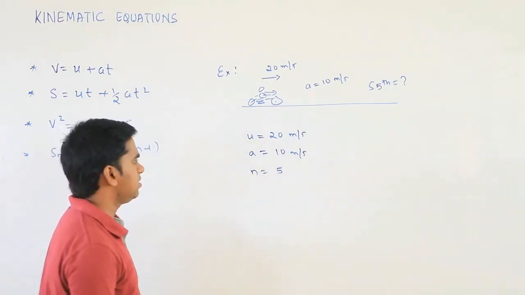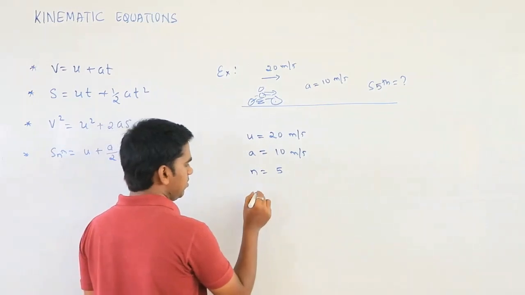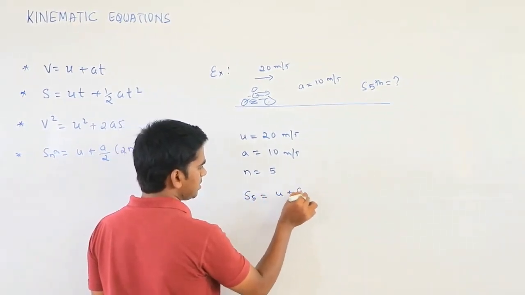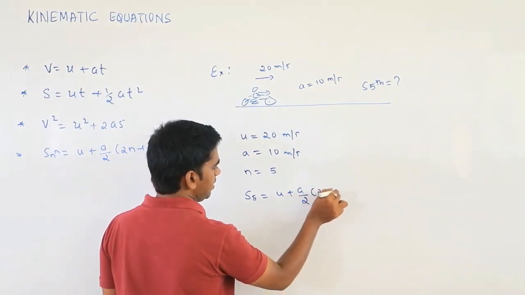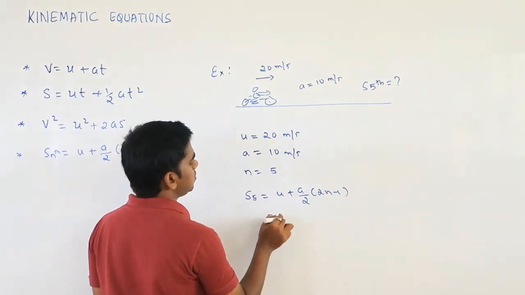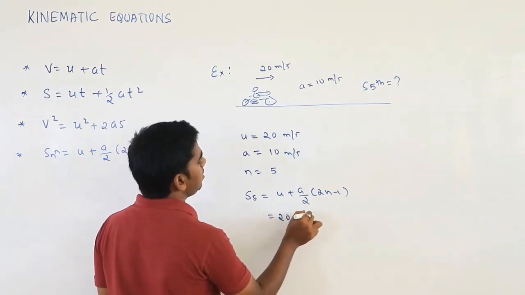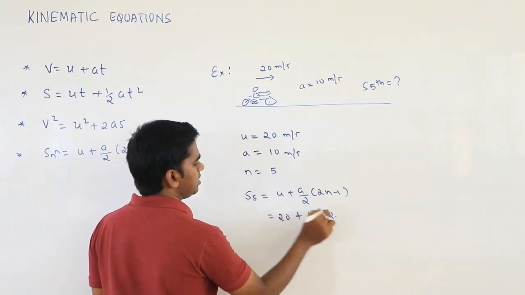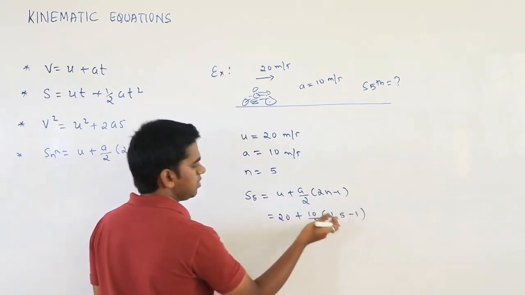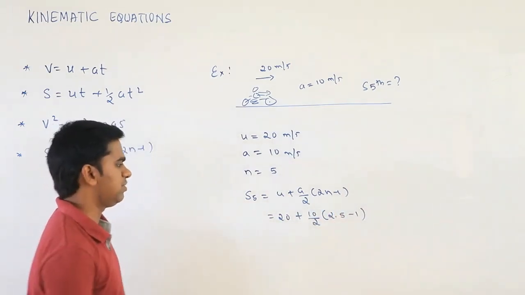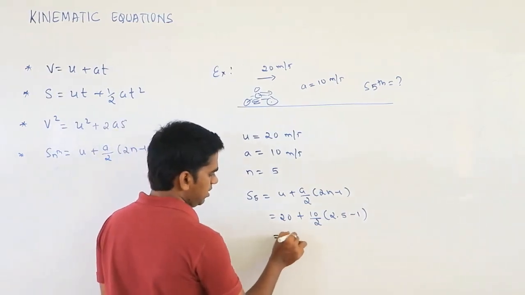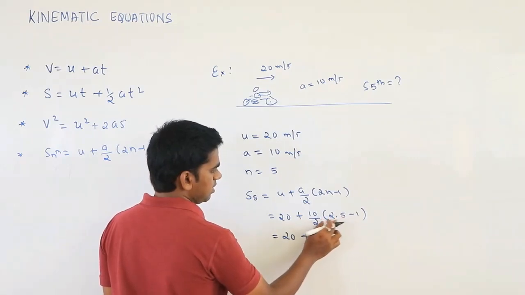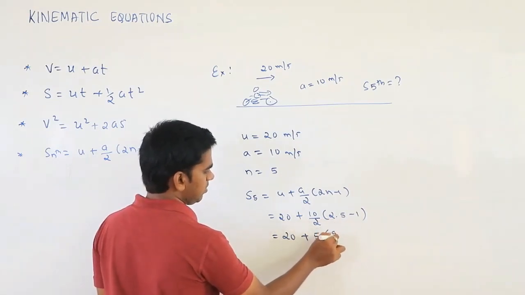So can you calculate that one? Apply the formula. What is the formula? S5 equals to u plus a by 2 into 2n minus 1. u is 20 plus a by 2, that is 10 by 2, 2 into n, n is 5, minus 1. So 20 plus 5 into 10 minus 1, it will become 9.